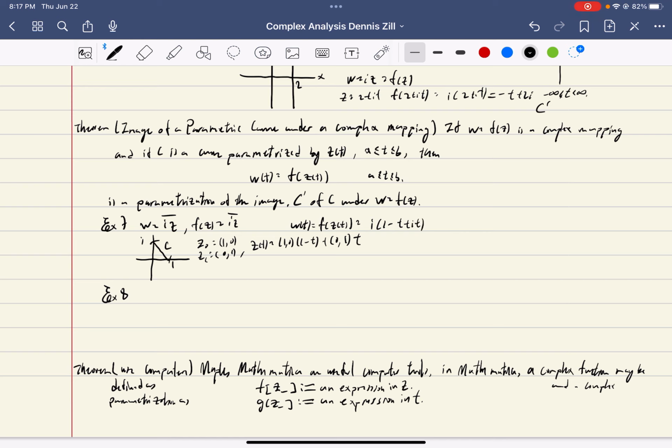Really, this is just multiplied by 1, so that is 1 minus t, and then you have plus t, but this is i, so you have to remember to add an i over here, and you take the complex conjugate. So that is equal to negative i. You flip all the signs of i.